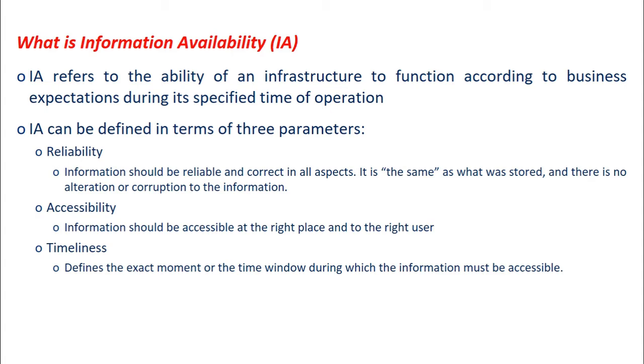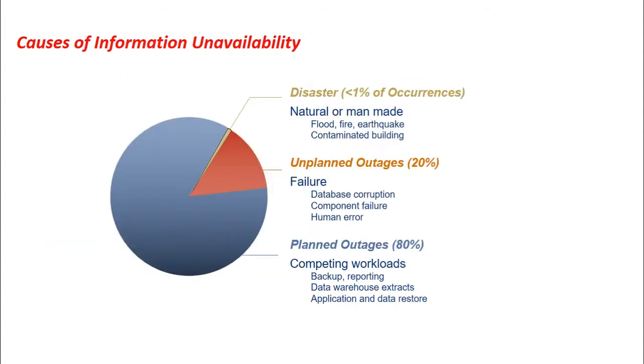That is called timeliness. So information availability refers to the ability of an infrastructure to function according to the business expectations during its specified time of operation, and it can be defined using three parameters: the reliability, the accessibility, and the timeliness.